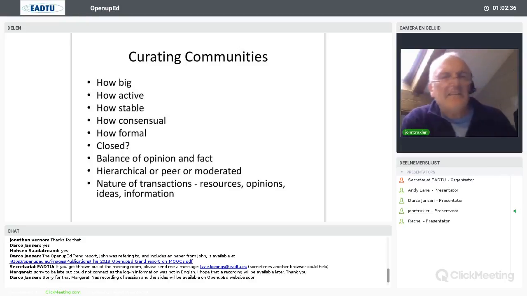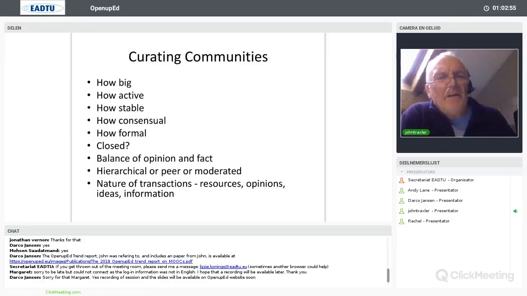Whereas in fact, you only have to look at Facebook, for example, or Twitter in a different sense, to see all sorts of stable, unstable, transient communities of people discussing stuff, sharing stuff.